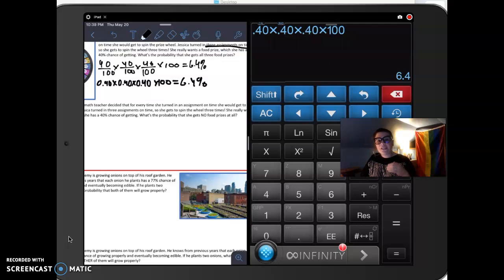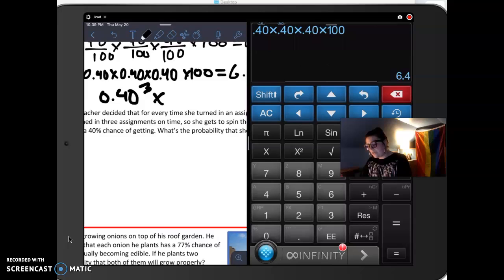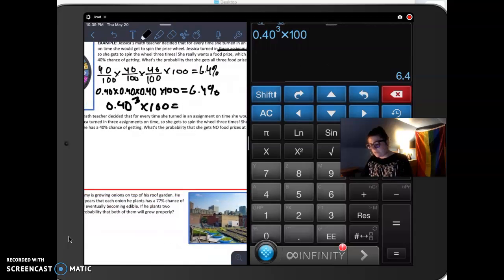Since there's 3 of the same number being multiplied, we can do 0.40 to the third, that little exponent, and then multiply by 100 to turn it into a percent. On your calculator, you can do 0.40, we're not squaring, we're raising it to the third, and then we go times 100, and we get the same answer.